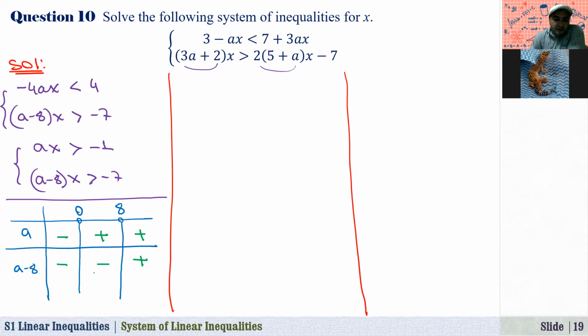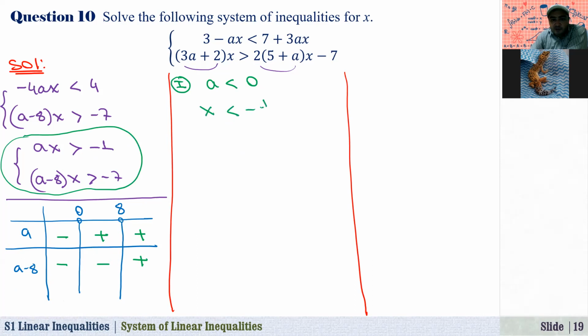Number one, let me just write from the left-hand side. A is less than 0. If a is less than 0, the first inequality gives x less than minus 1 over a, and x greater than minus 7 over a minus 8.